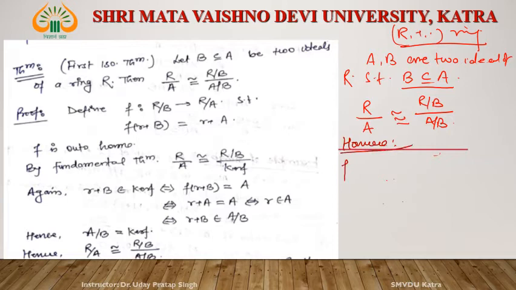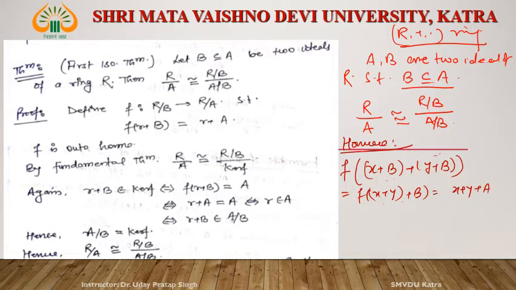It is a homomorphism, then f of (x + B) + (y + B) is equal to f of (x + y + B) is equal to, by definition, x + y + A, and this is equal to (x + A) + (y + A), and this one is equal to f of (x + B) + f of (y + B). Okay, so this is the first part.